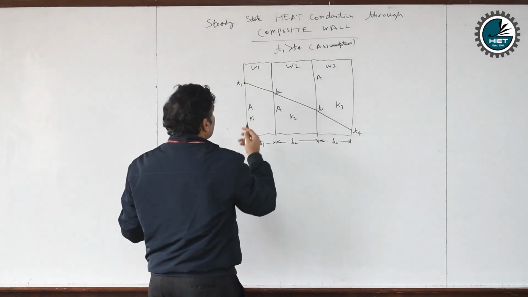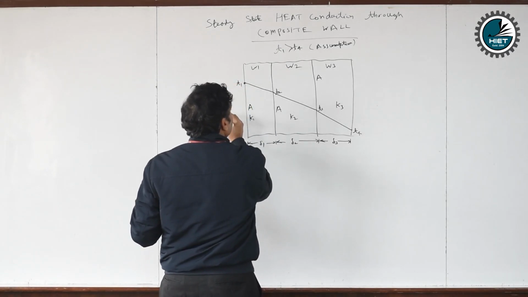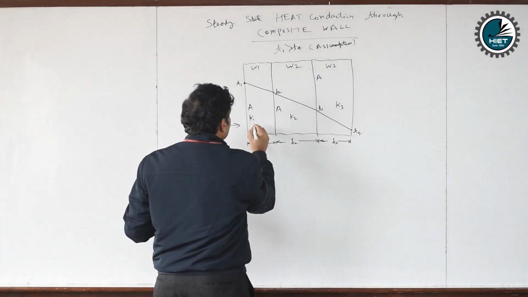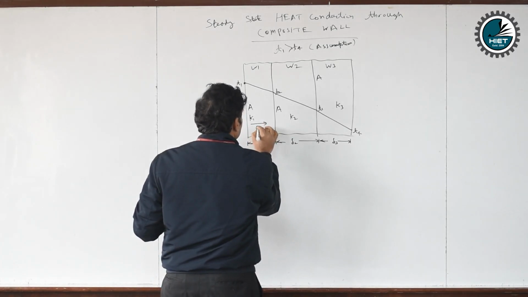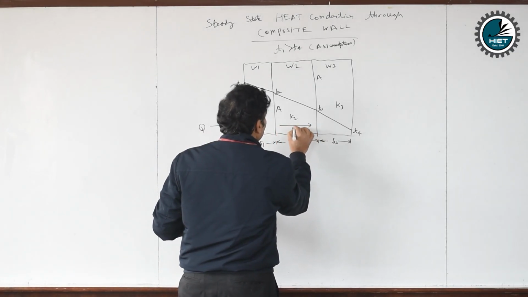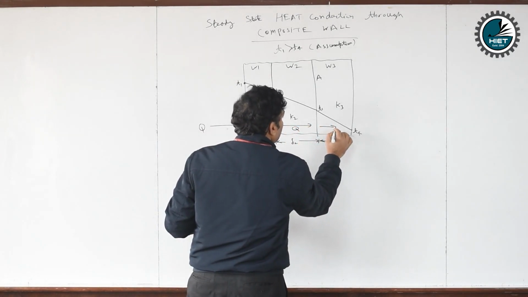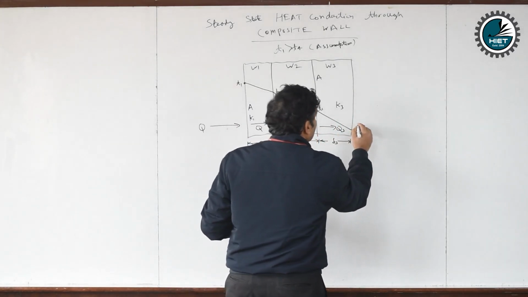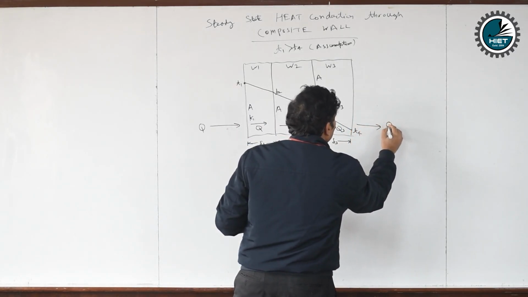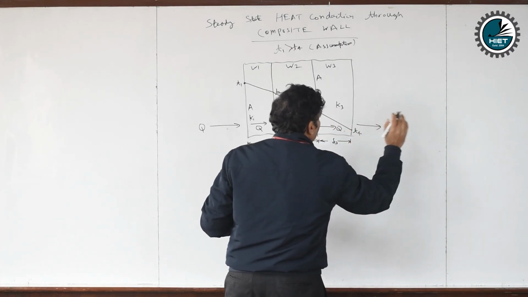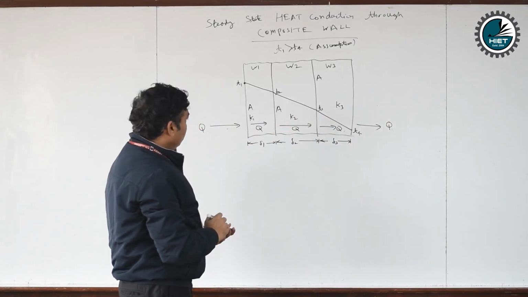So I can make the diagram of heat flow like this. Suppose Q is the heat transfer rate, so the same heat flows through wall 1, again through wall 2, and again the same heat goes through wall 3, and outside wall 3 Q comes out. So Q is the heat transfer rate.